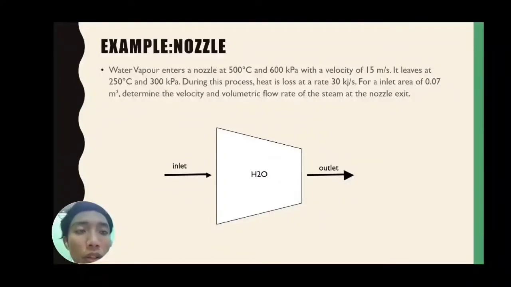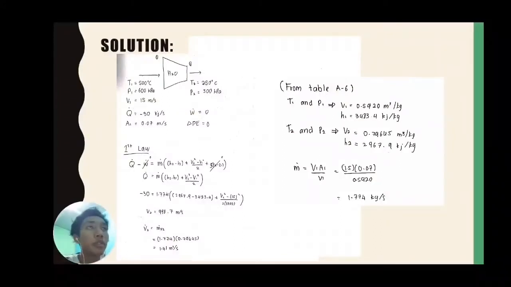For an inlet area of 0.07 meters square, determine the velocity and volumetric flow rate of the steam at the nozzle exit. To solve this question, first, we need to draw the nozzle and label it H2O because this question is about H2O.